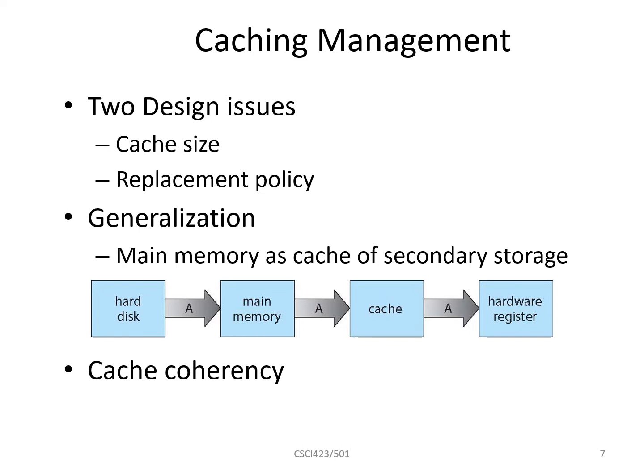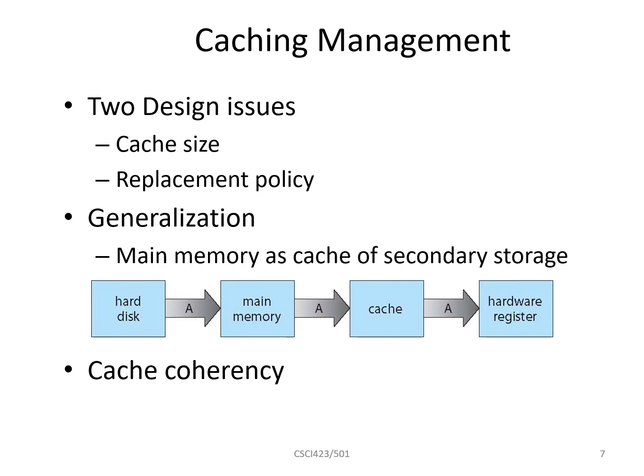Another important management related to the main memory and storage is caching management. If you still remember when we talked about the storage hierarchy, that allows us to apply the caching mechanism there. However, who should manage that caching mechanism? The operating system should.